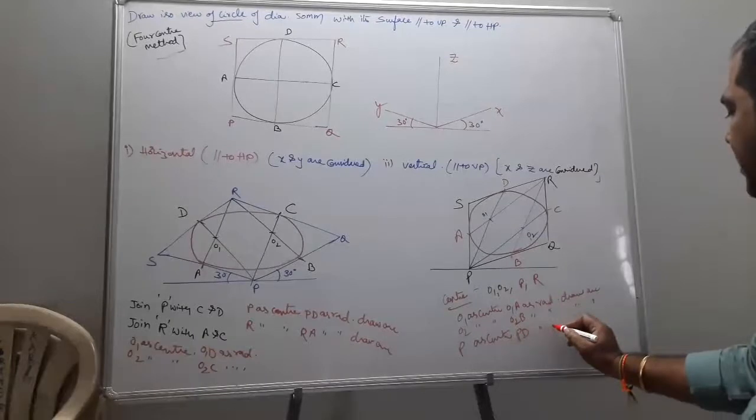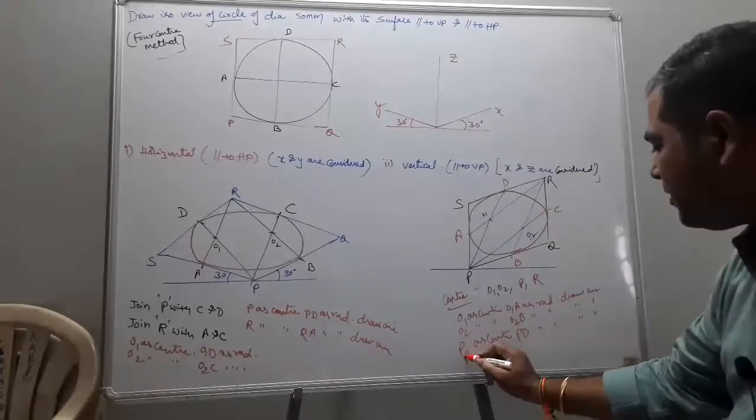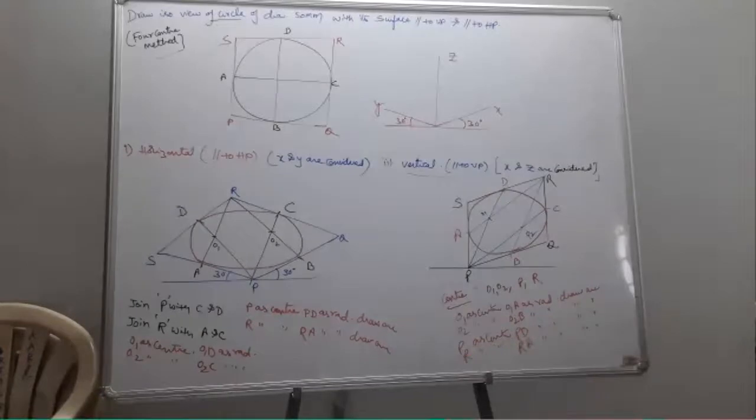Next, R as center, RA as radius, draw an arc. So this becomes your condition vertical. Okay, so make it fast. Is it clear, students? Clear?